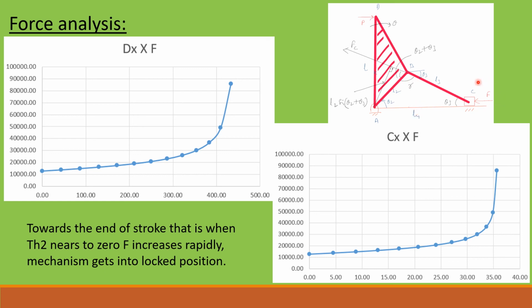In other words, a very large force is required to move the mechanism from this locked position. That's how this force multiplier works. As theta increases, P reduces, but F is going to increase. At the end of the stroke, when theta 2 is 0, the force is going to become infinite.